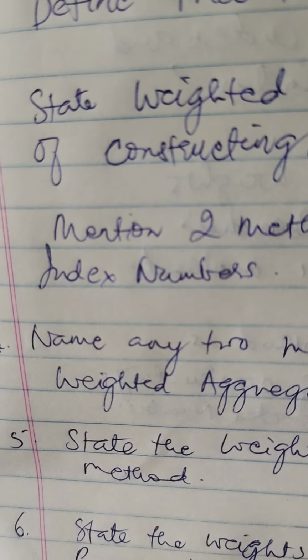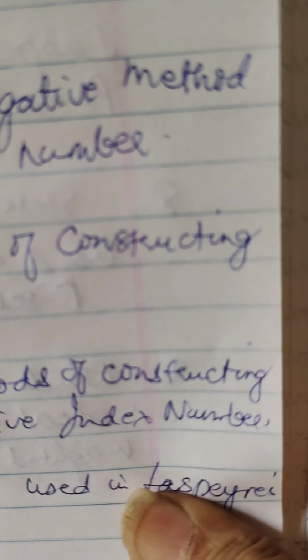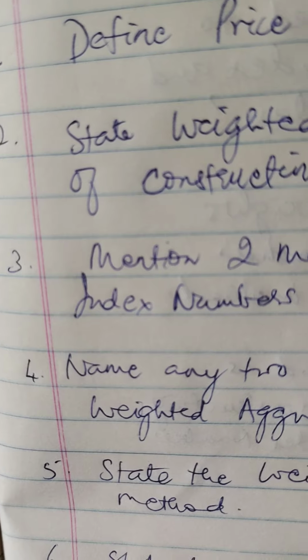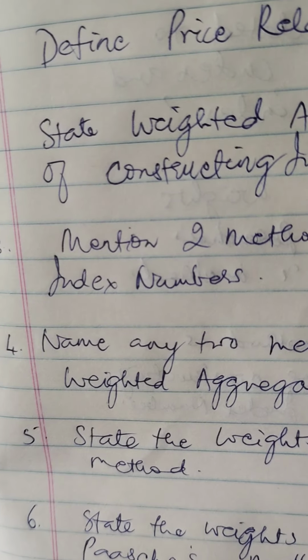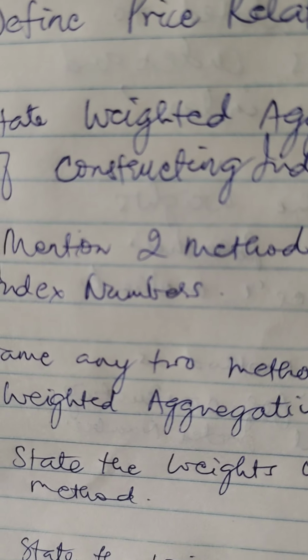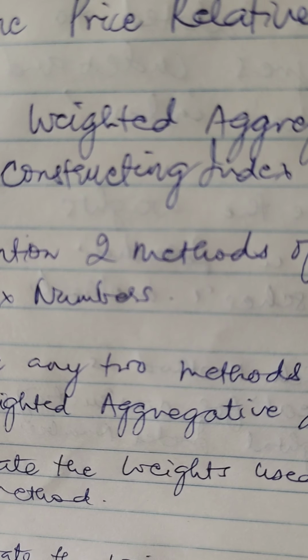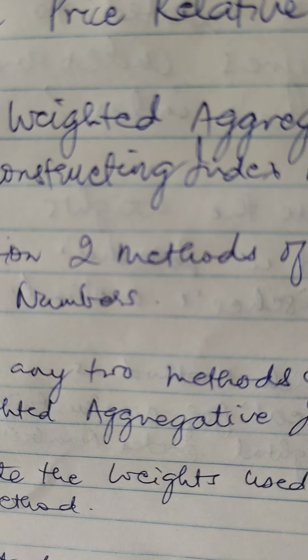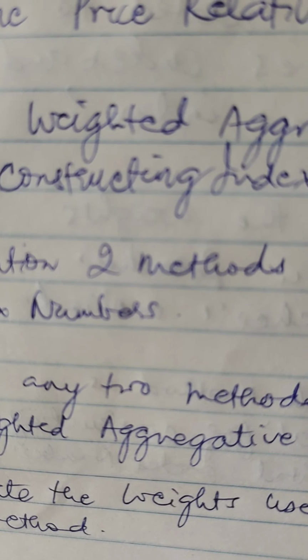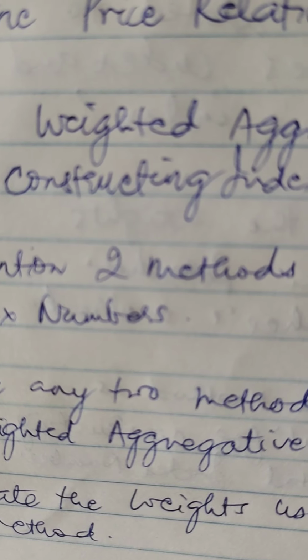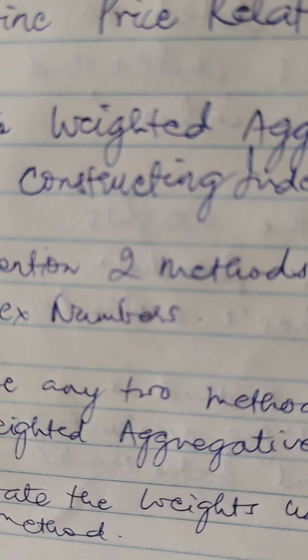Second question. State weighted aggregative method of constructing index number. So what do you mean by that? Weights are assigned to various items and the weighted aggregate of the prices are obtained. Okay.